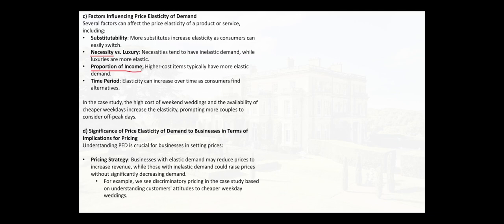So pricing strategy, as I mentioned, and in the case study, there's something that's described as discriminatory pricing. Now that's not actually taught in the A-level for Edexcel, which surprises me a little bit. So for instance, as a student, you are entitled to student discount. I've still got an NUS card. I pay my 20 quid a year or whatever it is and get discounted at the cinemas.